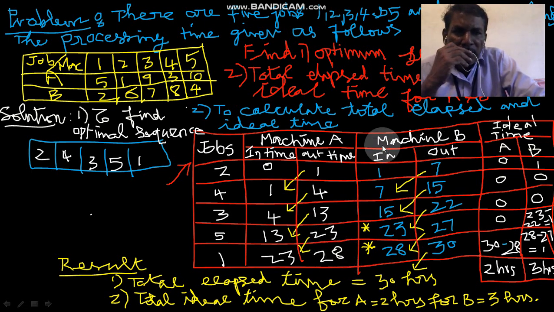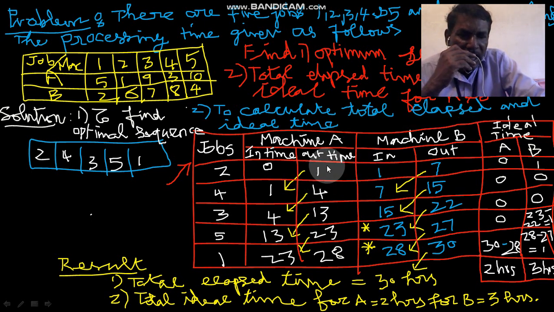Now similarly for machine B also we have to do. For machine B, the in time and out time we have to calculate as we did for machine A. So for machine B, the in time is 1 day, which comes from here. So from here we have to write 1 day, because after machine 1 finishes, machine 2 has to start.